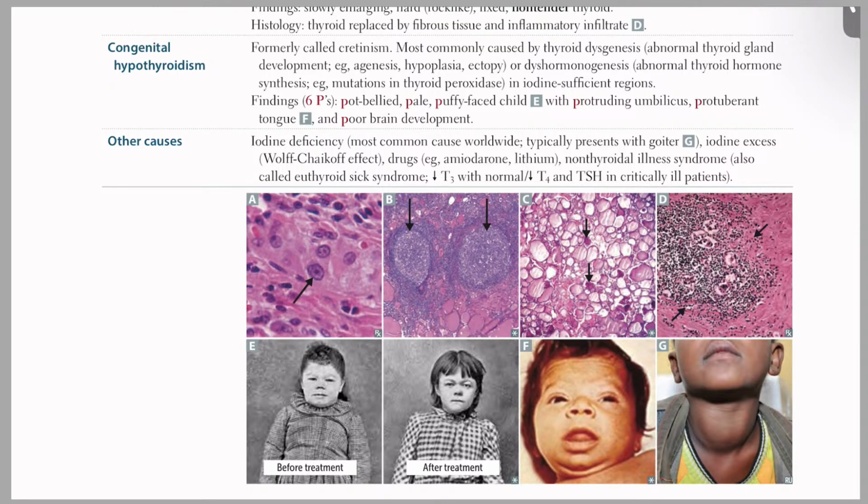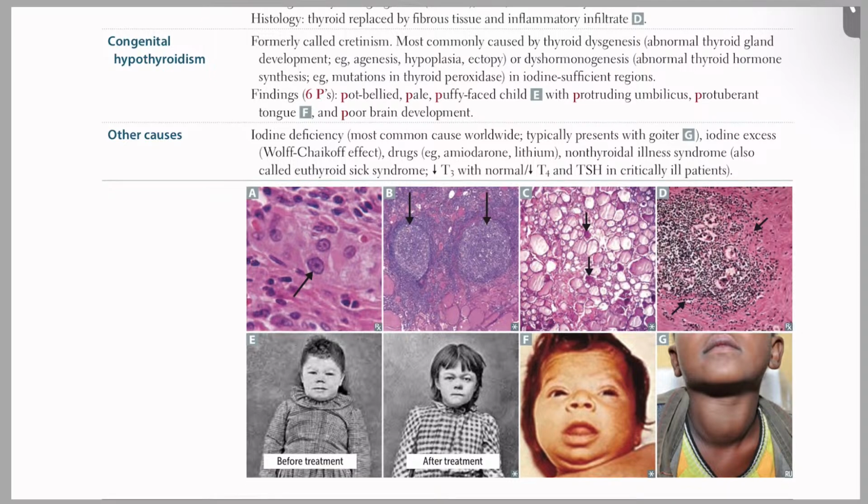Congenital hypothyroidism, formerly called cretinism, most commonly caused by thyroid dysgenesis, abnormal thyroid gland development, that is agenesis, hypoplasia, ectopy, or dysmorphogenesis, abnormal thyroid hormone synthesis, that is mutation in thyroid peroxidase, in iodine sufficient areas.